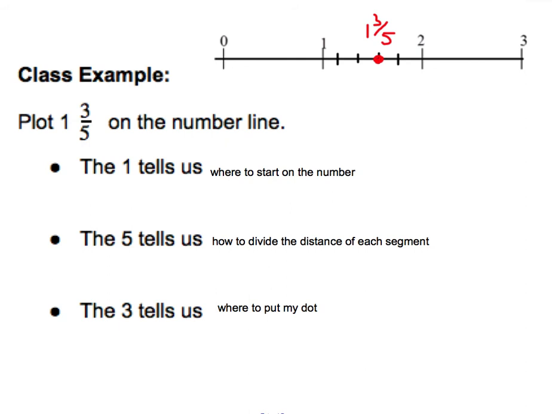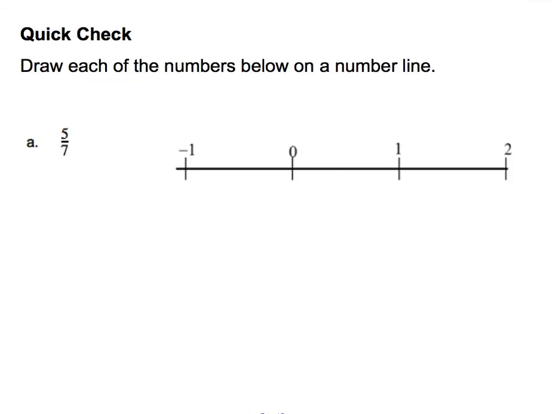Okay. So we did a few examples. 5/7. Since I don't have a whole number, I'm going to start at 0. The 7 tells me that I'm going to divide 0 to 1 into 7 equal spots. That means I need 6 lines. So I'm going to try my best. 1, 2, 3, 4, 5, and 6.